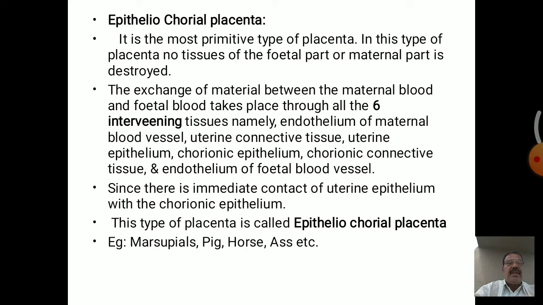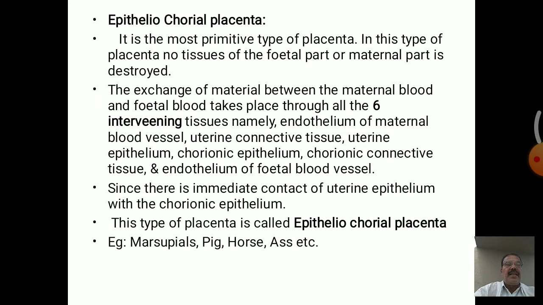The exchange of material between the maternal blood and the fetal blood takes place through all the 6 intervening tissues, namely endothelium of maternal blood vessels, uterine connective tissue, uterine epithelium, chorionic epithelium, chorionic connective tissue, and endothelium of fetal blood vessel.